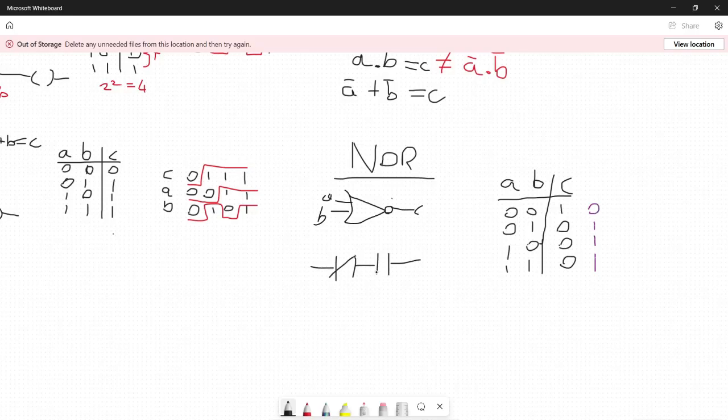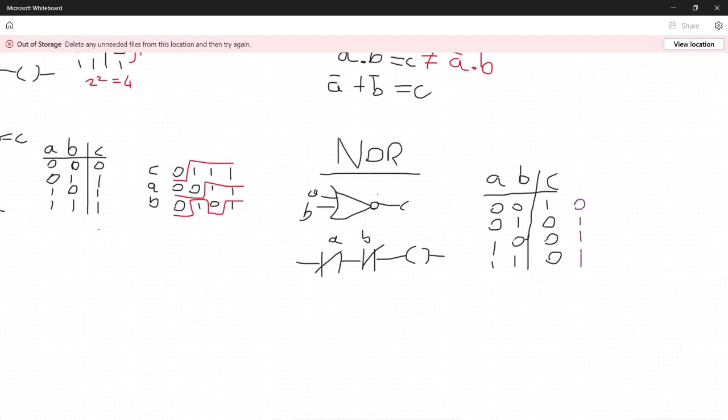But now if we close them, well, when A is 0 and B is 0, we'll get a 1. There will be power flowing to it. But now, when either of A or B gets powered, the output will become 0.